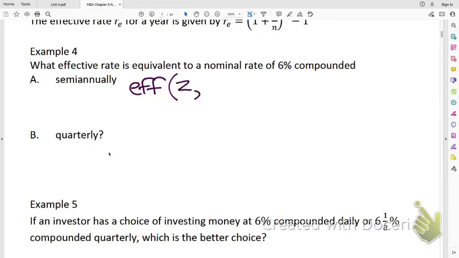And then you are going to do the interest rate. Is that the right order? Someone look at the paper for me. What did I say on the paper? Interest rate, then number of times compounded per year. Sorry, back up. Interest rate is 6, compounded twice a year. What would it look like for B, compounded quarterly?